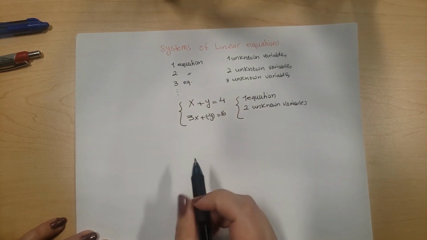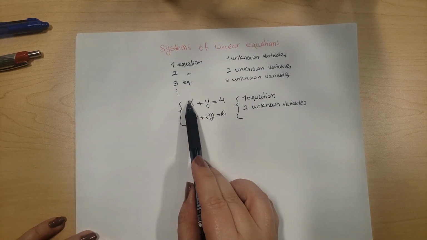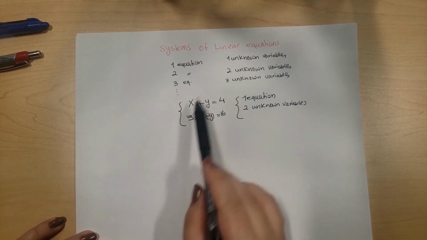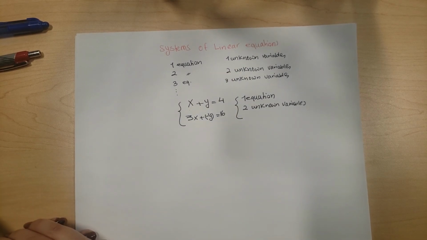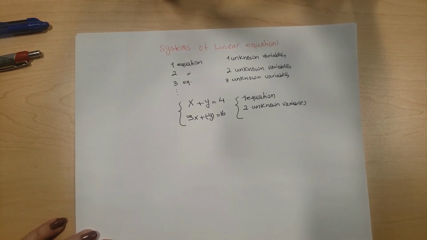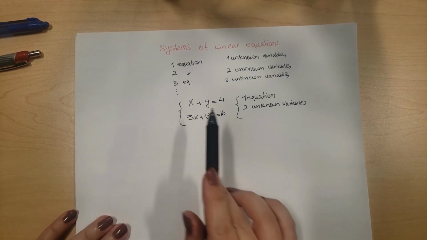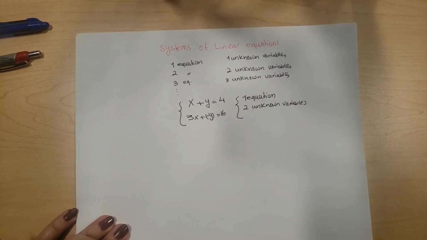This is called a system of linear equations because it's a system of two equations, and it's linear because x plus y equals 4, as you can see from my other videos, is an equation of a line. Here we want to find the specific values for x and y.